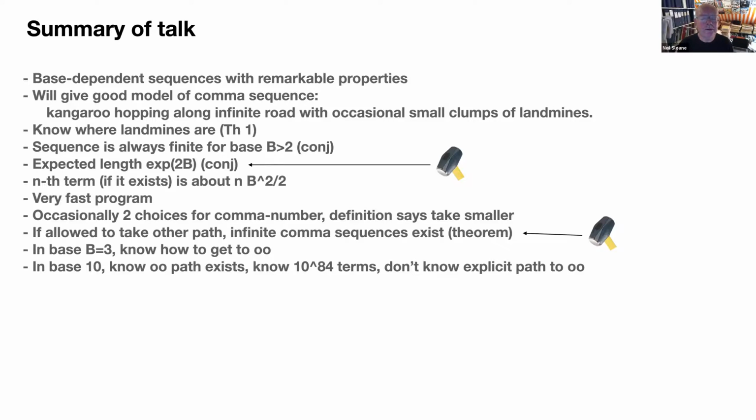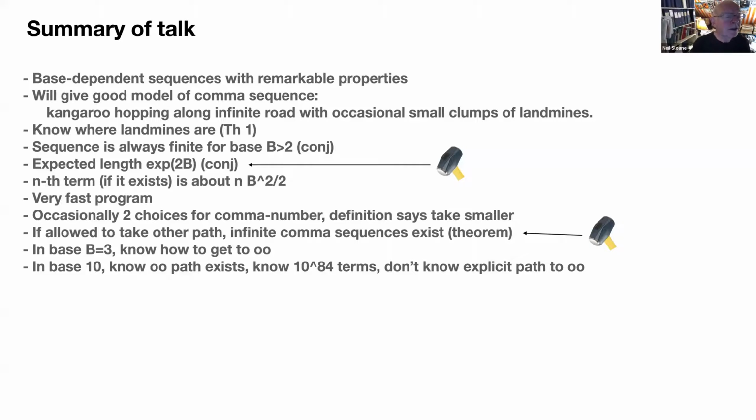You can think of them as a kangaroo hopping along an infinite road, making small hops, and occasionally there'll be a clump of landmines, like that number we saw, where if it lands on a landmine, the journey stops and the kangaroo dies, unfortunately. We know where the landmines are, theorem 1, and the conjecture is that the kangaroo will always die. All of these sequences are finite in any base bigger than 2.